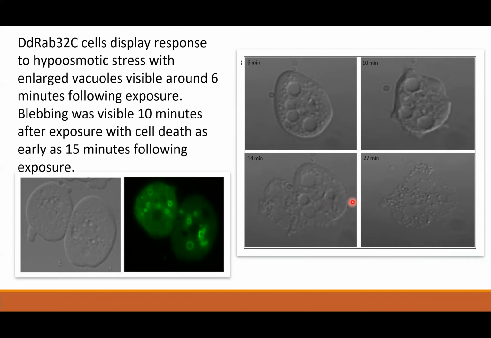By 14 minutes, the cell had burst and died, and then at 27 minutes, the cell is pretty much disintegrated. If you look at these vacuole formations under fluorescence, you can see that they're also there, and they actually align perfectly with the bright field image, suggesting that these fluorescently green vacuole formations are the same as the crater-like formations seen under bright field.